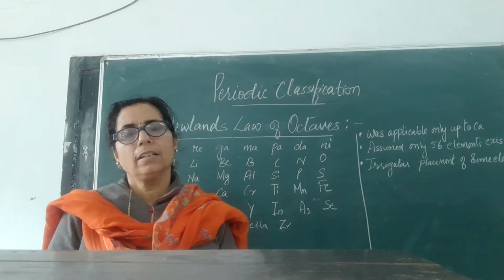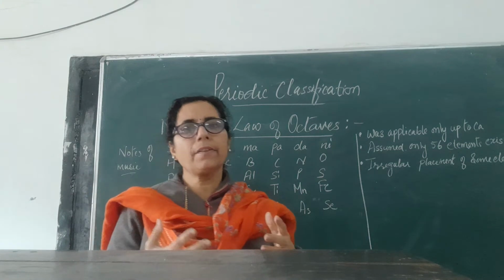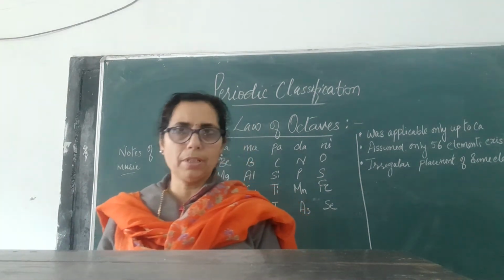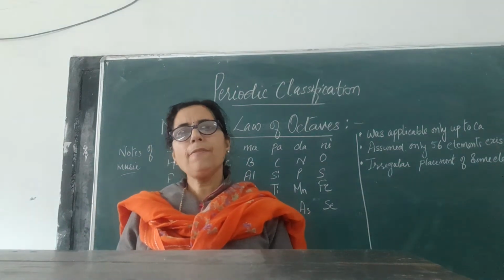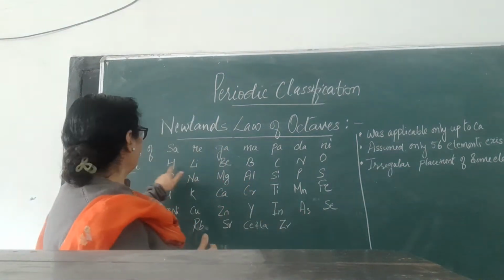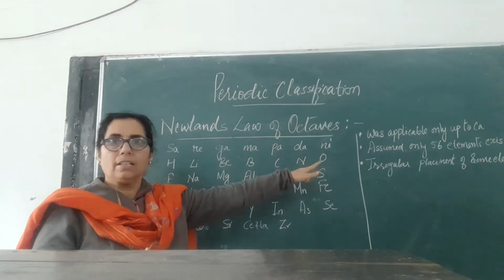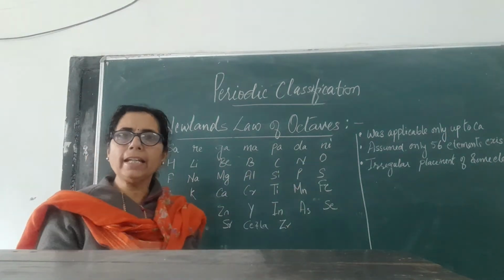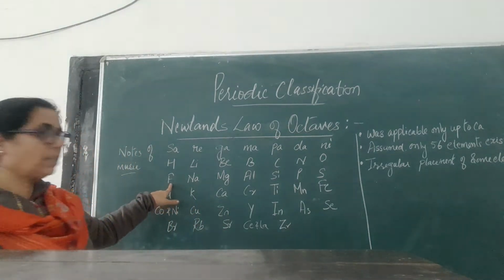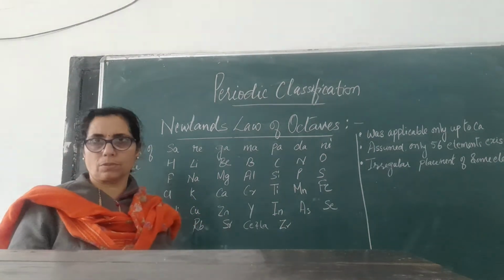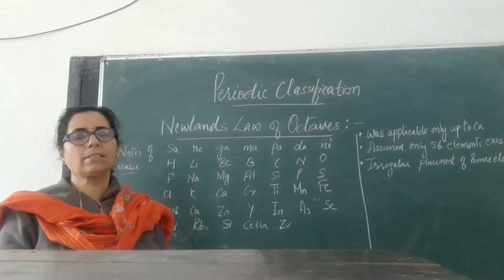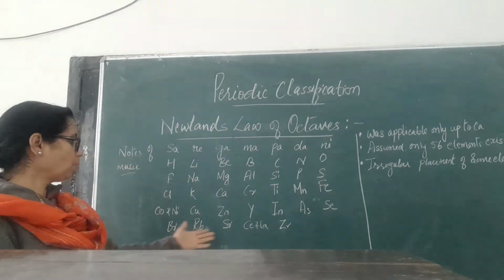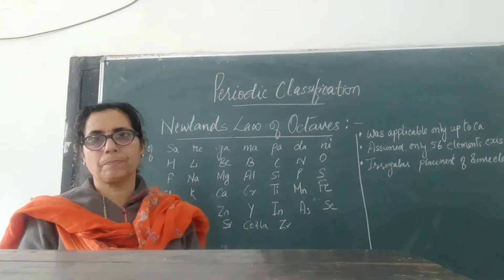He said that the elements are arranged just like musical notes sa re ga ma pa, and every 8th note is a repetition of the first. So 7 elements are arranged according to the musical notes, and every 8th element was found to be the repetition of the first. On that basis, he tried to arrange the elements, and it worked up to some elements.